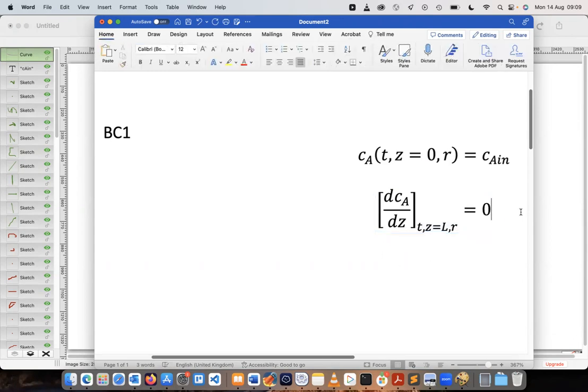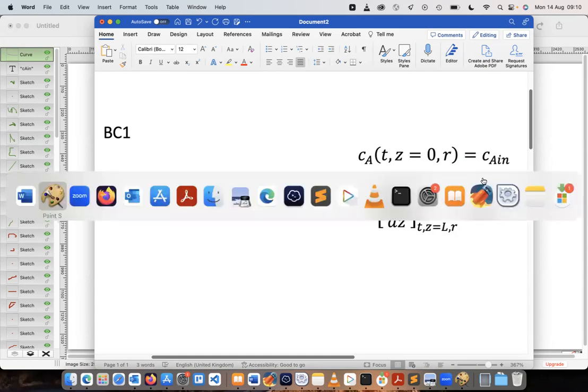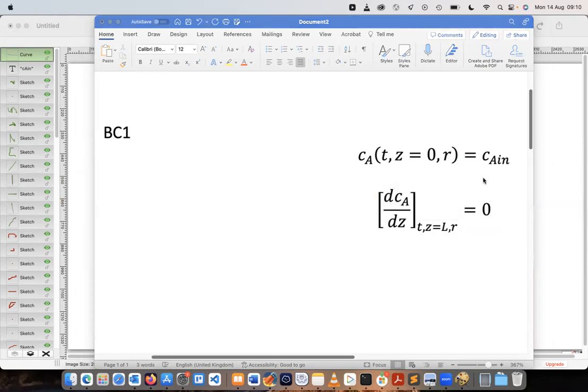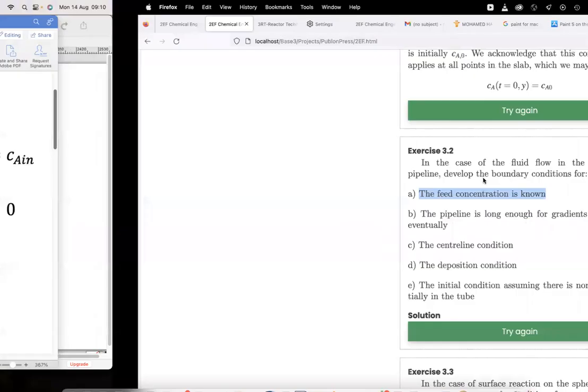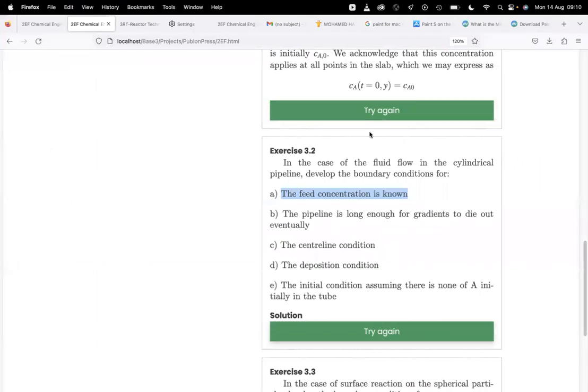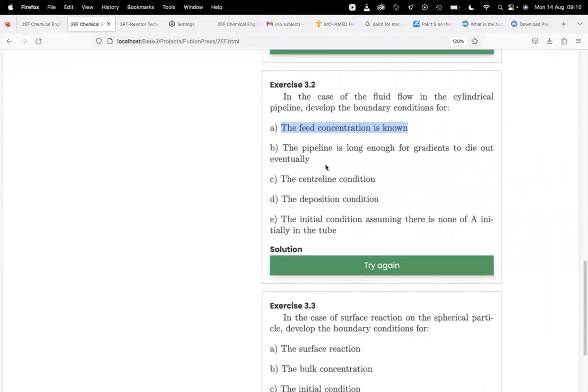That's how we express the end condition, which is stating that gradients have died out by then. So there's no gradient in the z direction at the end of the pipe, z equals L. That's our second boundary condition. Any questions or comments on that? Okay, so that's the second boundary condition.